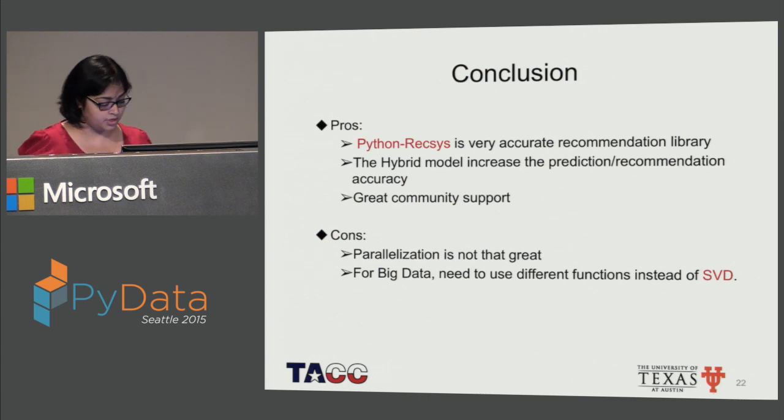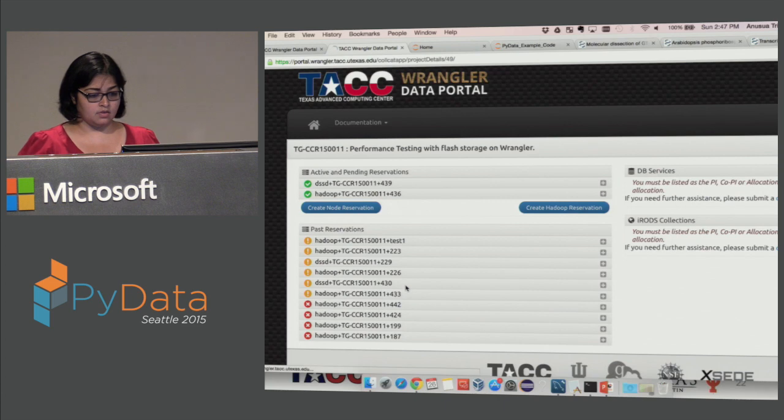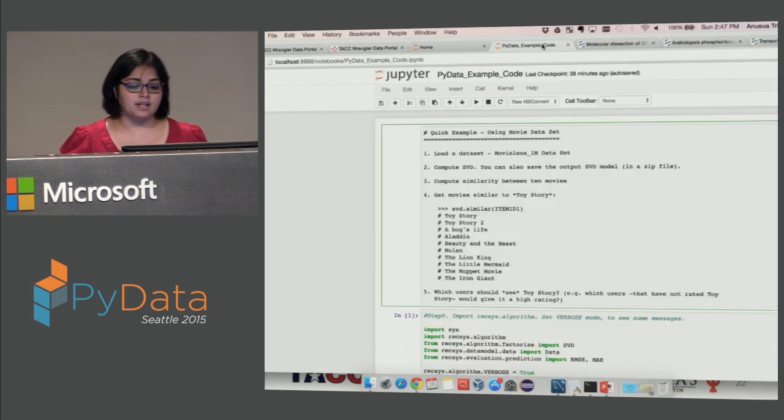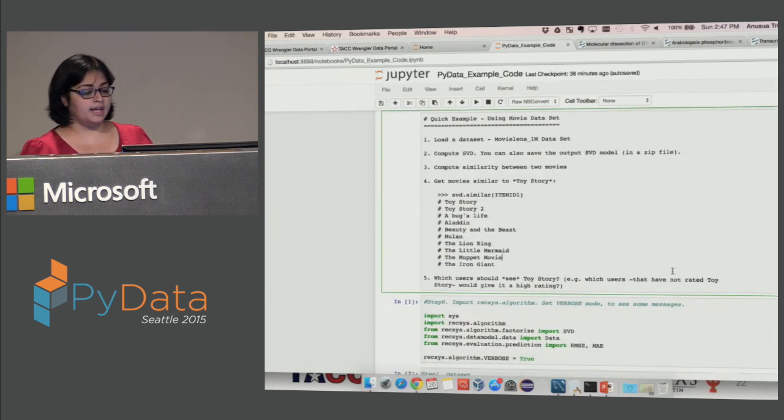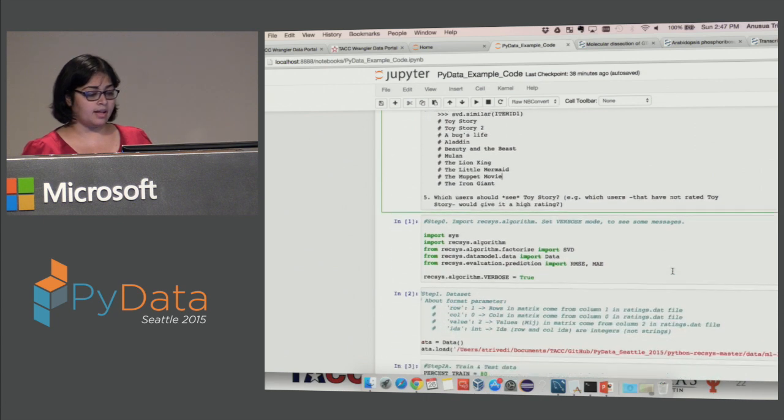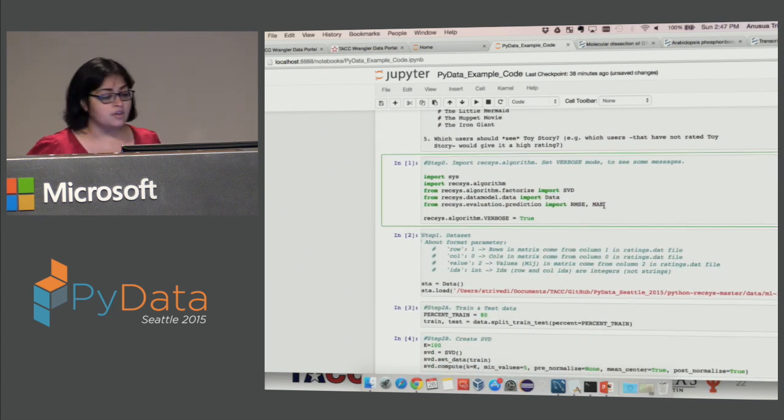Before I go to the conclusion, I can just go here and run the demo. First we load the data set here, as you can see. We import all the packages, the Rexus algorithm, which is the Python recommendation algorithm.